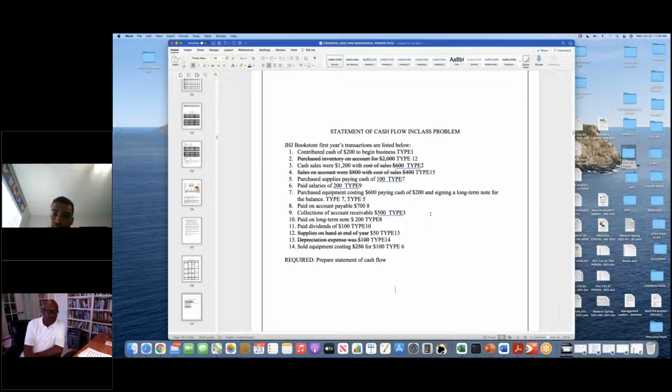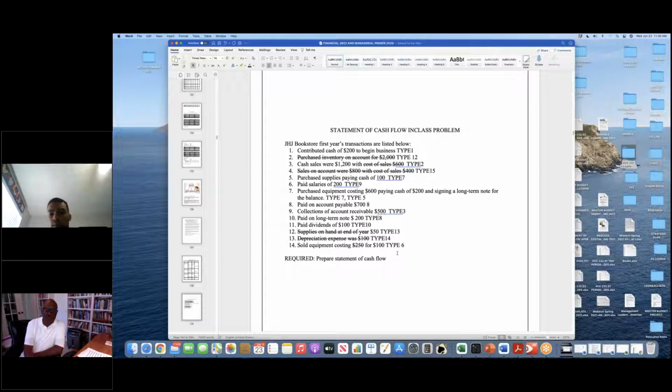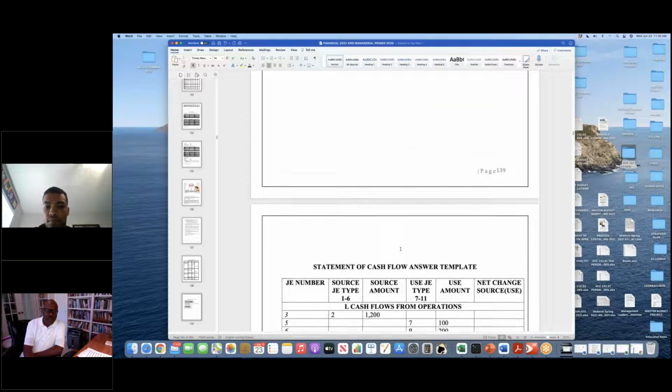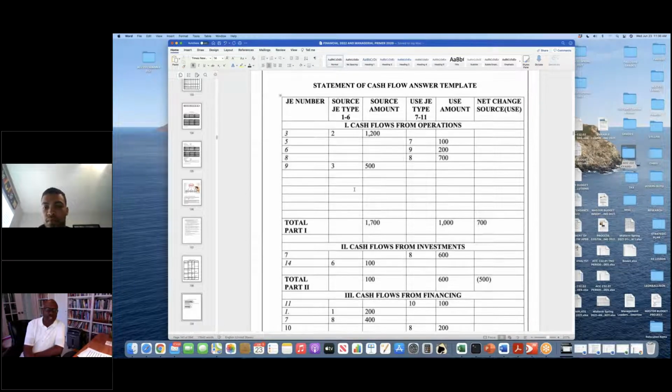It has to be a source of cash 1 through 6, or a use of cash 7 through 11 to go on the cash flow statement. Anything else, we scratch out. So now we're ready to do our statement of cash flow. And I'll take these out.